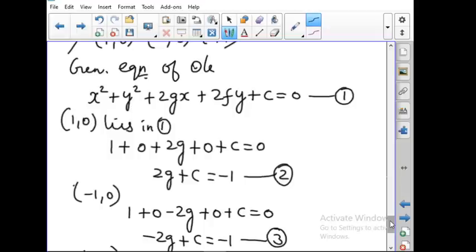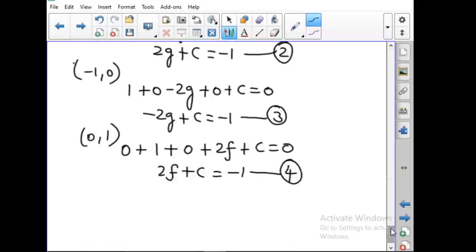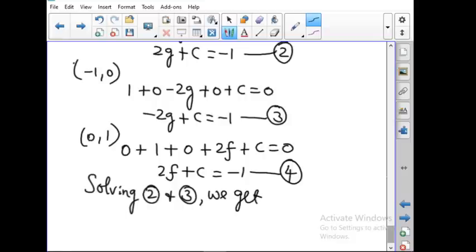Now let us solve equations 2 and 3. So 2 and 3, you can easily cancel this. Solving 2 and 3, we get 2g and minus 2g will get cancelled. So 2c is equal to minus 2, that implies c is equal to minus 1.